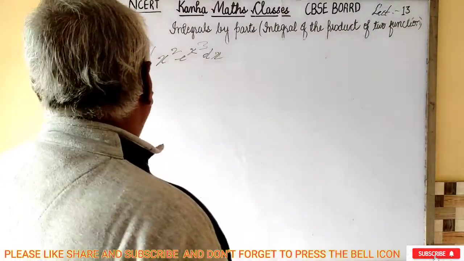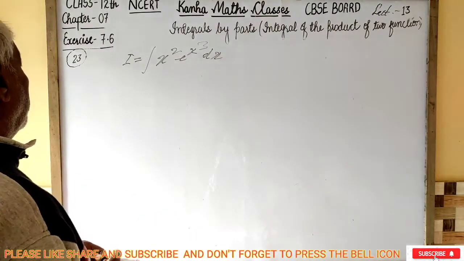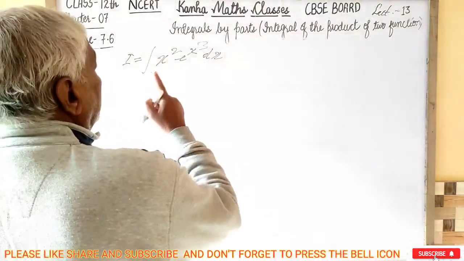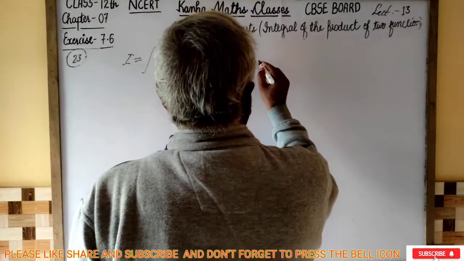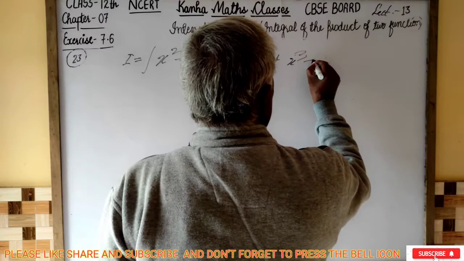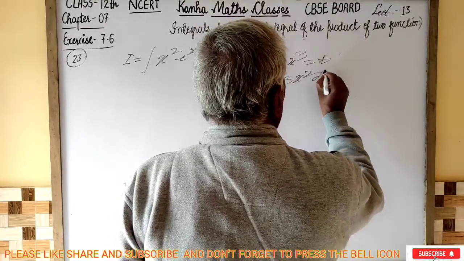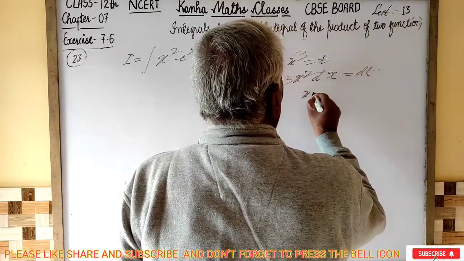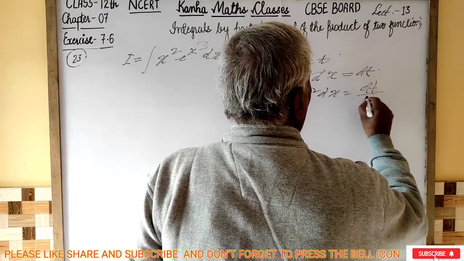Now in the continuation of question number 22, here we will try to find out the integral of question number 23, that is integral I is equal to x square e to the power x cube dx. Now put x cube is equal to t, then 3x square dx is equal to dt, or x square dx is equal to dt by 3.